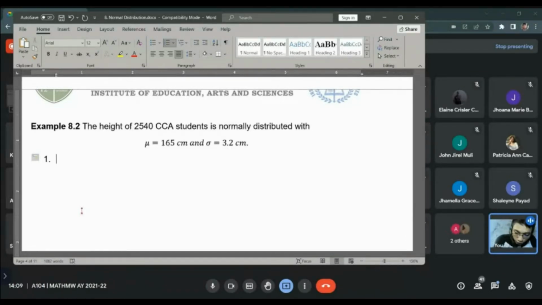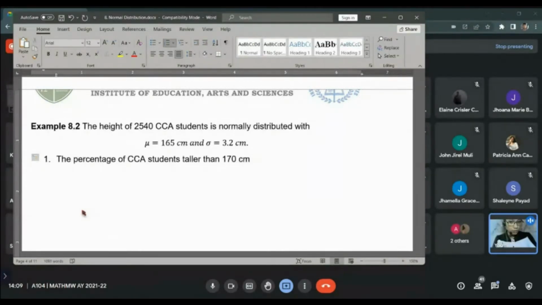I want you to find the percentage of CSA students that are taller than Gyrus's height. I remember Gyrus's height is 170 centimeters.